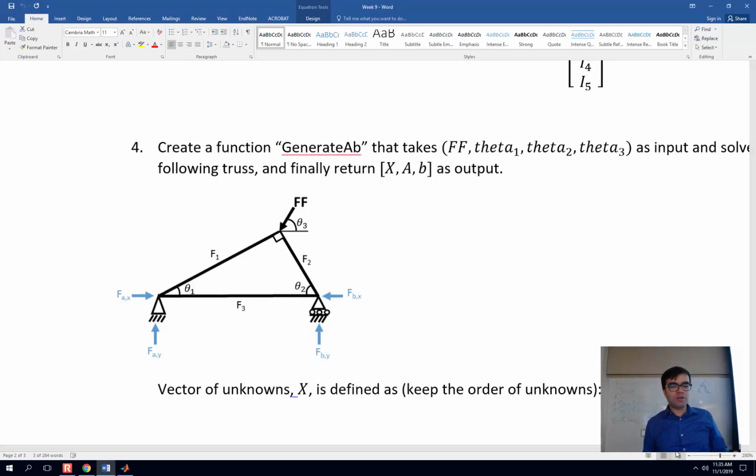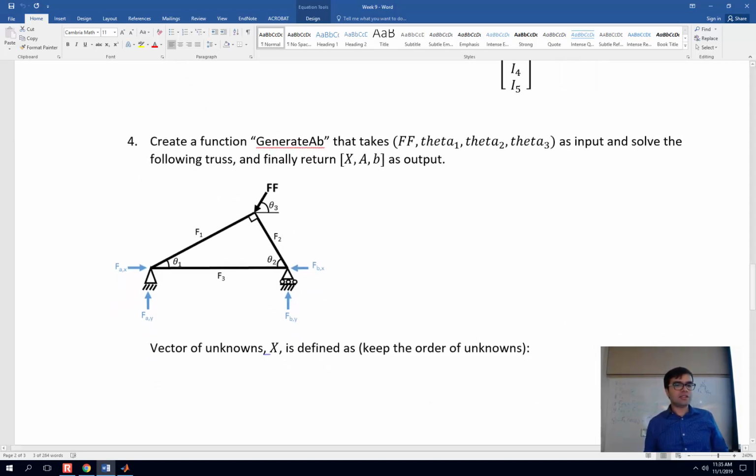So what the question is asking you is a little more complex, because what it asks you is to create a function. So remember functions? Function outputs equal to name of the inputs. That takes Ff, theta 1, theta 2, theta 3 as inputs and solves the following truss and returns x, A, and B as output.